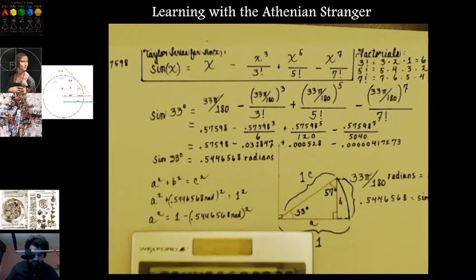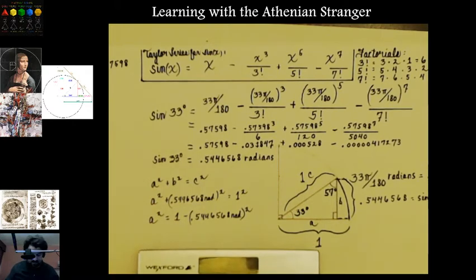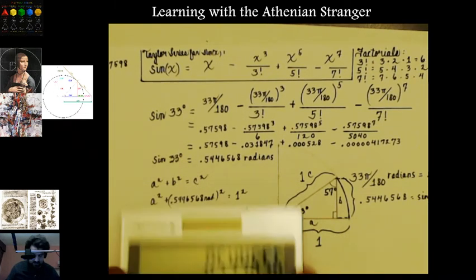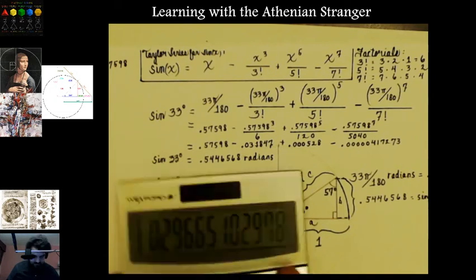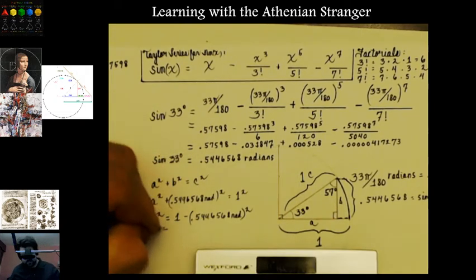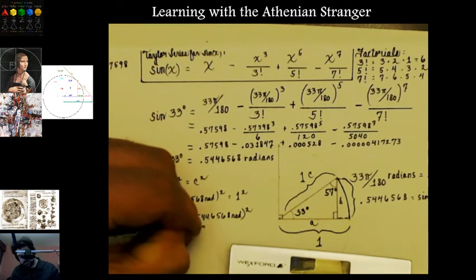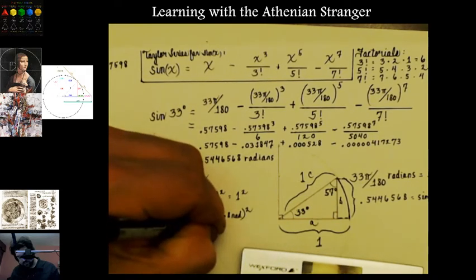Okay, so I just need to square this. Let's take these numbers exactly as they appear. 0.5446568 times 0.5446568 gives me 0.296651. So that's equal to 1 minus 0.296651.